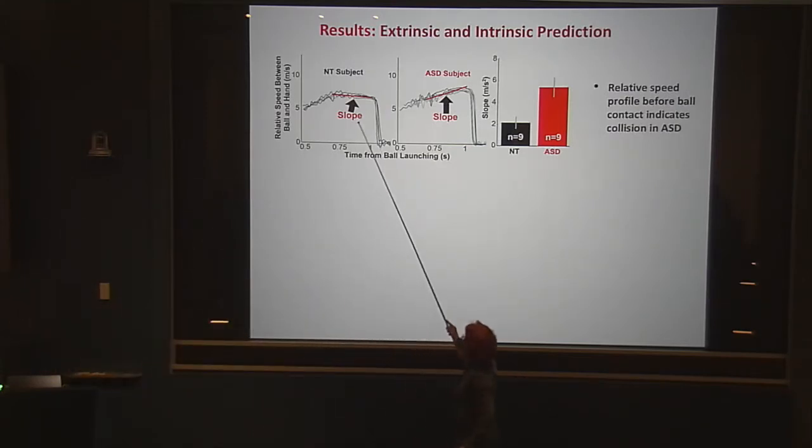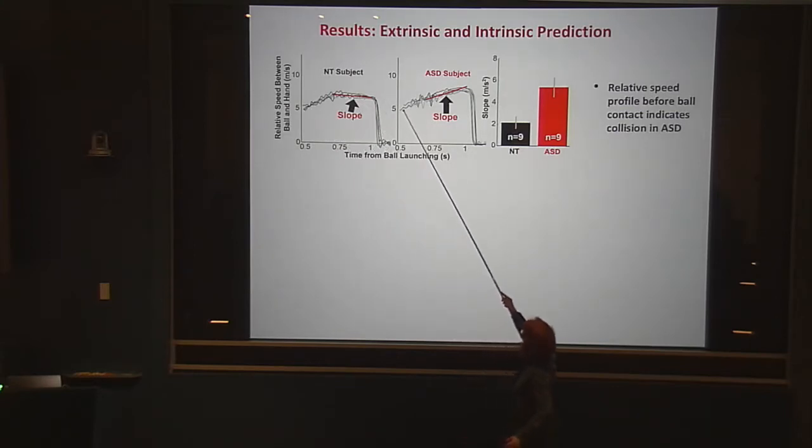For NT subjects, this is a relatively constant slope, whereas here the approach velocity increases prior to catch, which is a good sign for a collision. Summarizing on the side shows that the slope is much higher in the red bar, ASD versus NT, so this exemplary data is truly representing the population results.